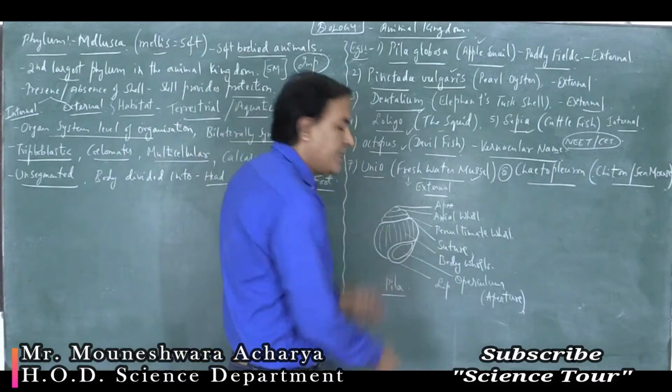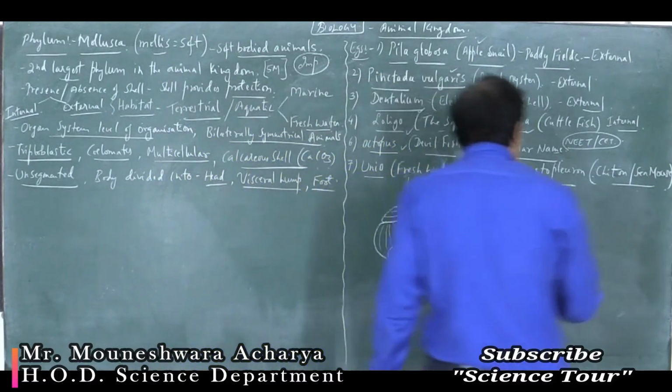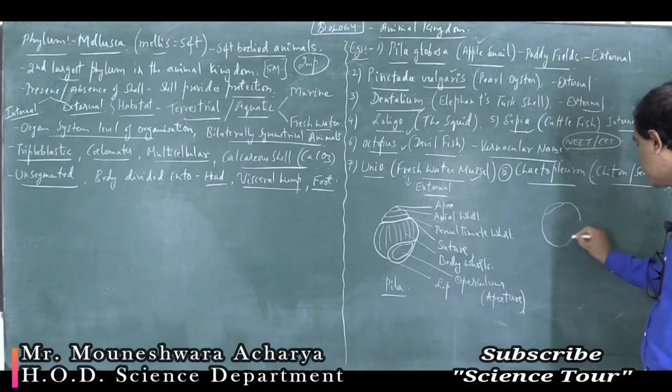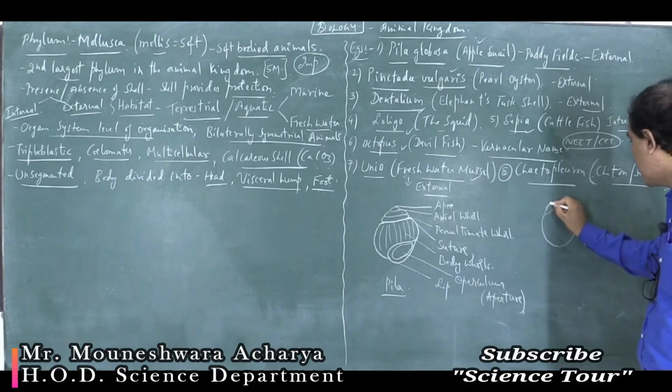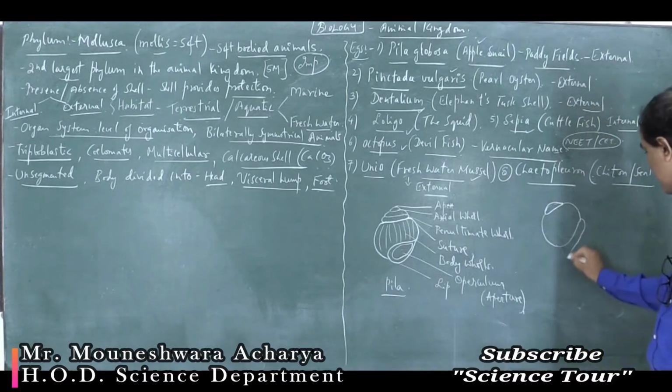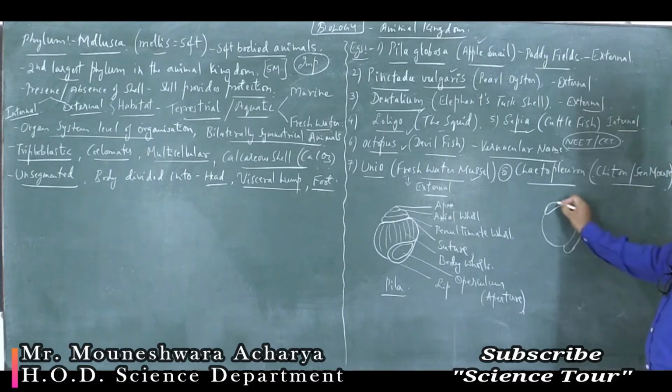Inside this shell there lies the animal, and the body of the animal is divided into 3 parts. One is the head region, another one is the visceral body, and third one being foot. So let me label this as the head, this as the visceral hump, and the basal foot for locomotion.